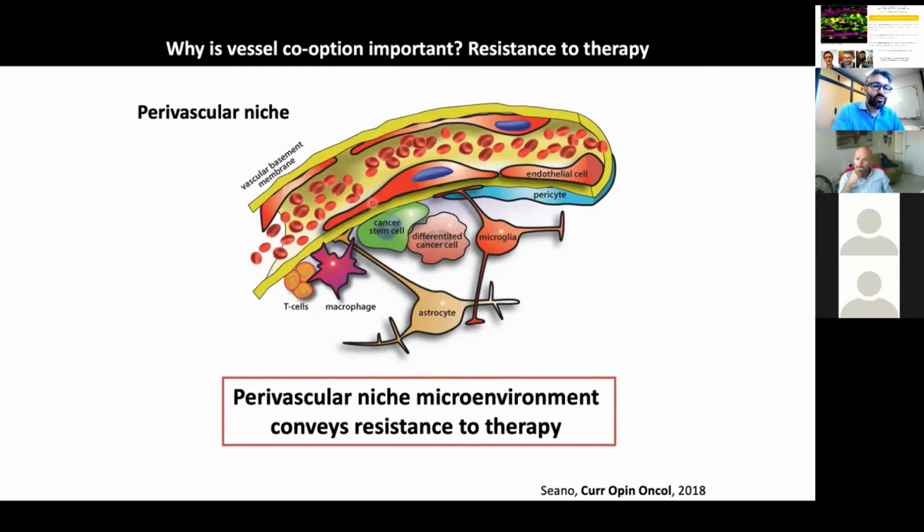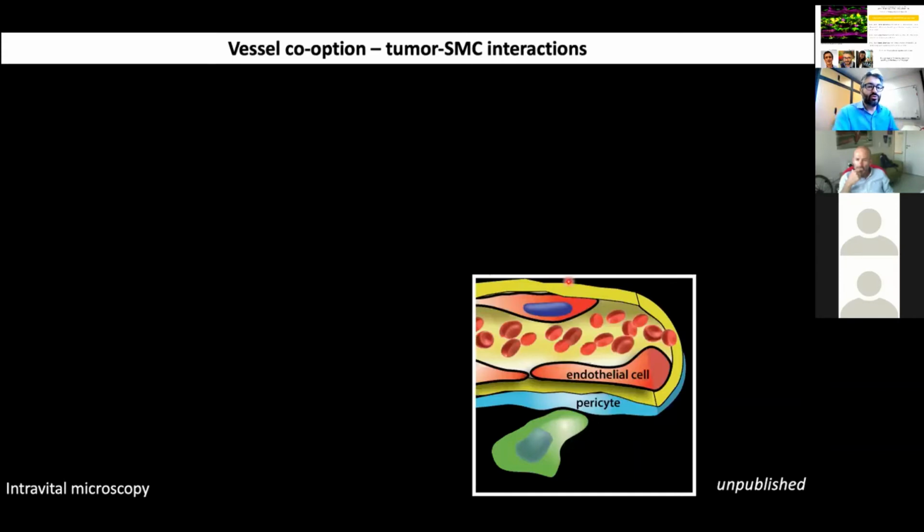To really understand how this happens, we need to understand the relationship that these tumor cells have with the components of the microenvironment of the perivascular niche. So I will show you just two other slides on this, and how we try to follow the relationship that the tumor cells have with the pericytes, in this specific case, more specifically with the smooth muscle cells.